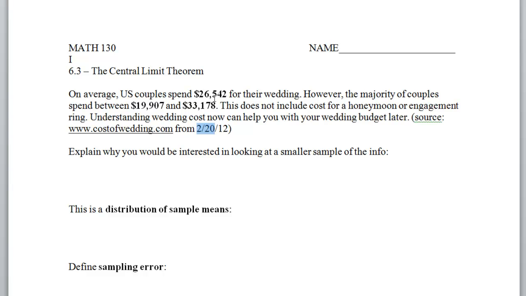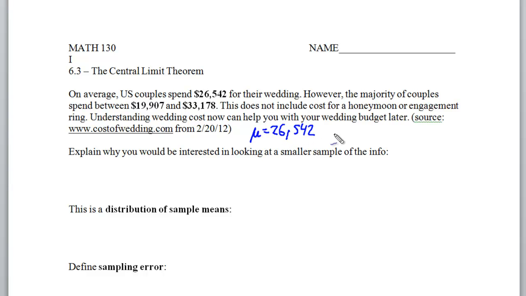Now, what's cool about this is that they tell you that the average is $26,542. So that is going to be our average of mu. So mu is equal to $26,542.